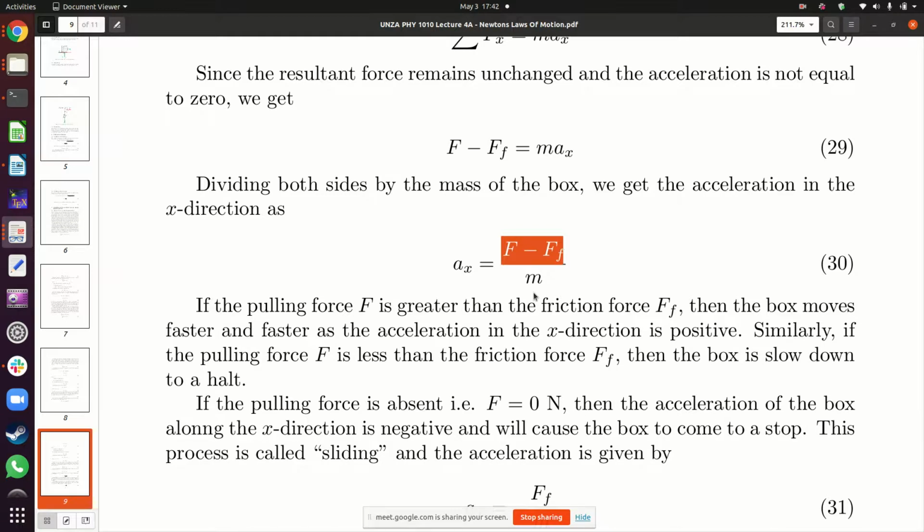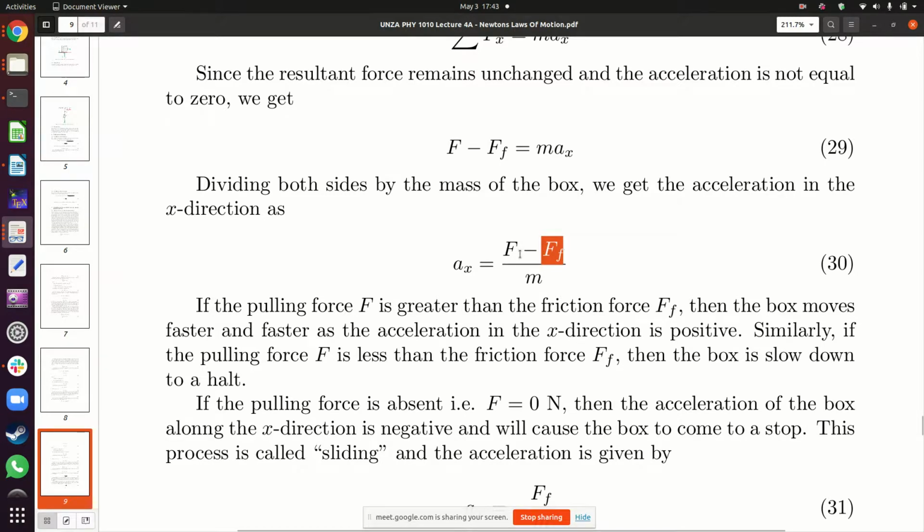Are we clear? So for you to have acceleration, what you're seeing is that the pulling force has to be greater than the friction force, or the pulling force has to be less than the friction force. We are going to look at both these cases.